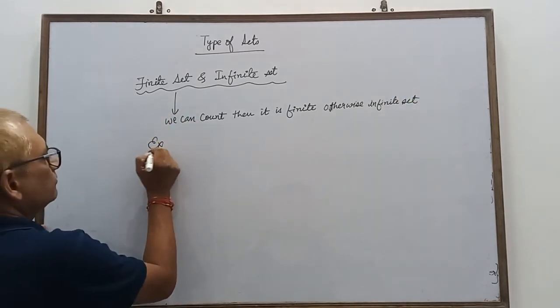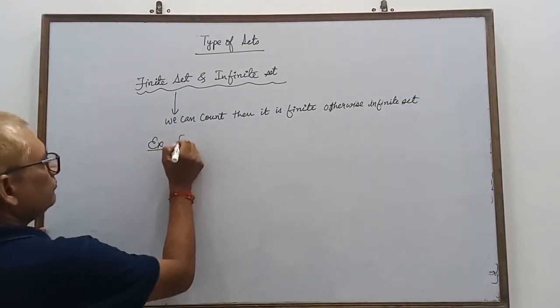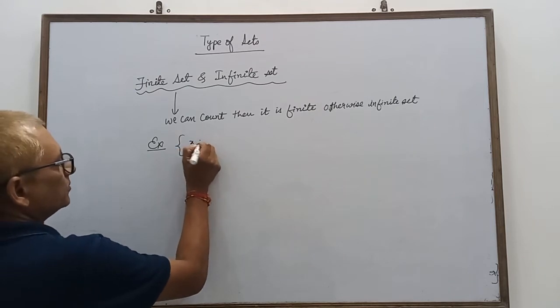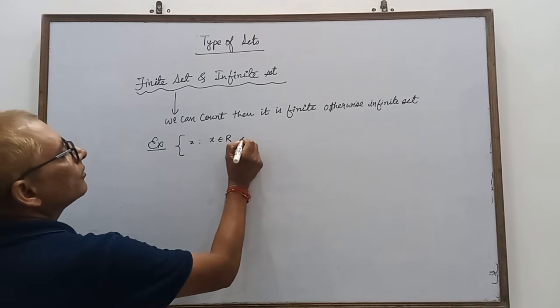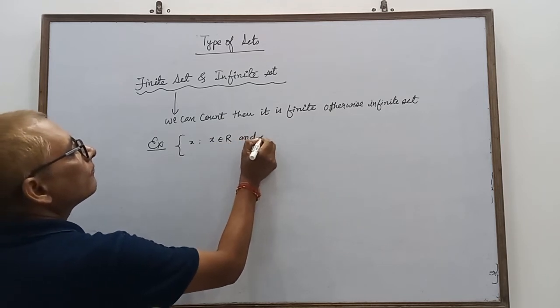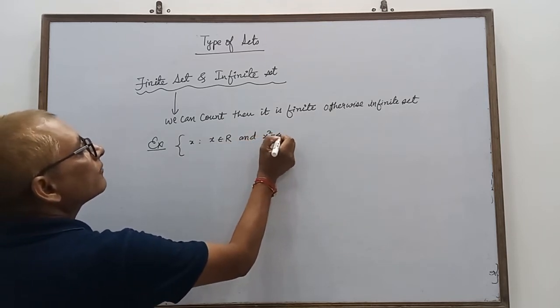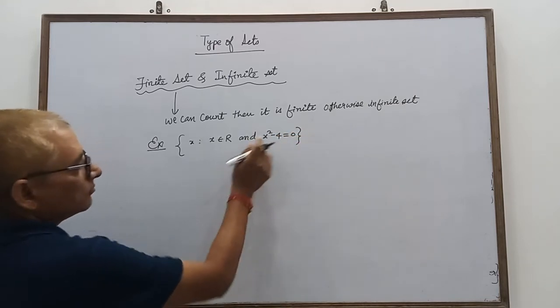Example: A is the set of x, x belongs to R and x squared minus 4 equals 0.